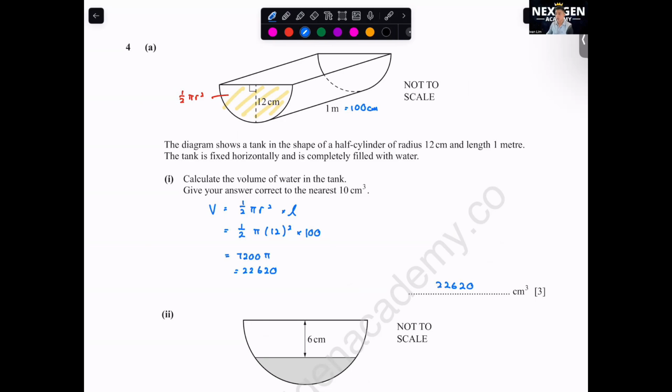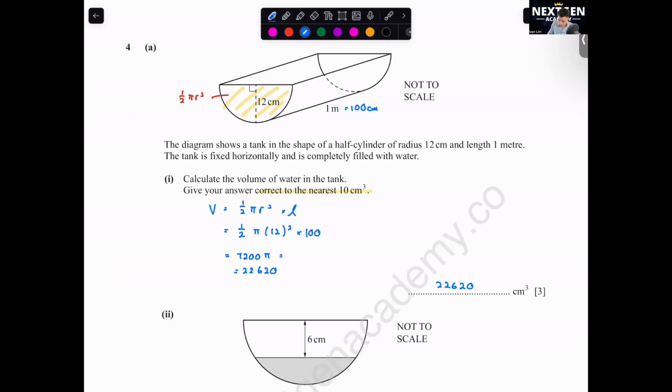They say correct to the nearest 10 cm cube. Okay, before you all round it up, when they say correct to the nearest whatever, my suggestion is that you always try to write one step behind first. Like you see, I write here 7,200 pi. 7,200 pi is actually 22619.